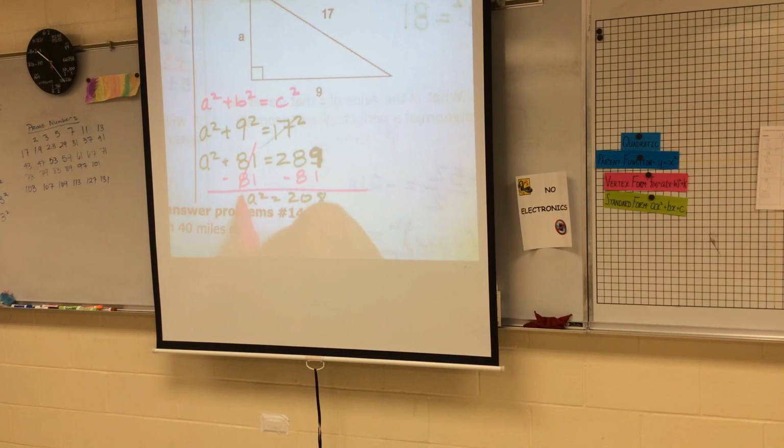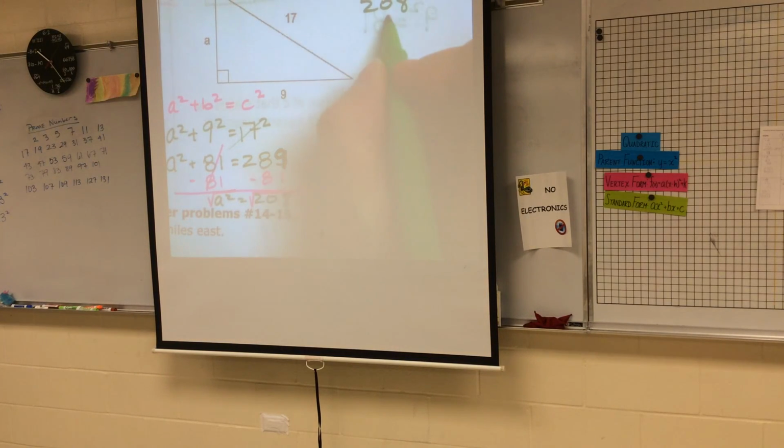And then to get a, we're going to take the square root of both sides. Is 208 a perfect square? No, so we're going to factor it. So 208 factors, what goes into 208? 104 and 2.